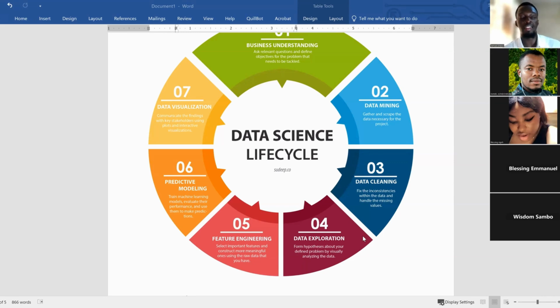When I was in university, I finished from University of Ibadan, mechanical engineering. I was already in the data space, already working on projects. I was already a data scientist.